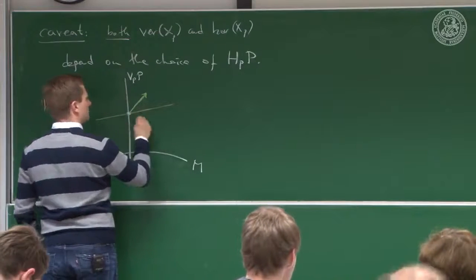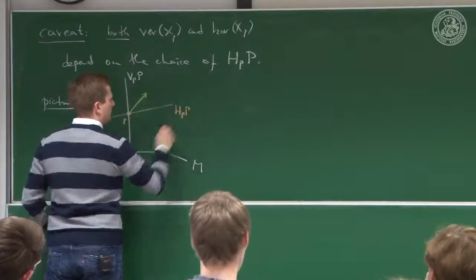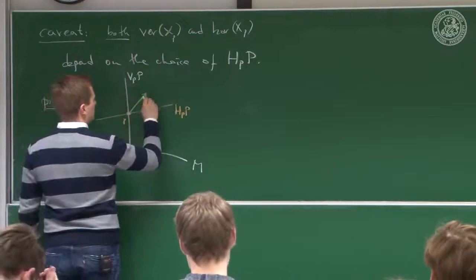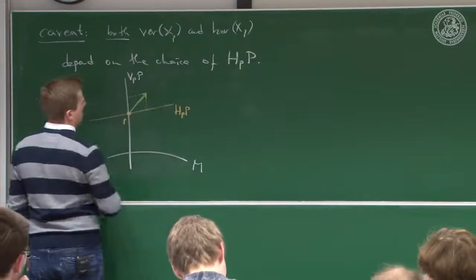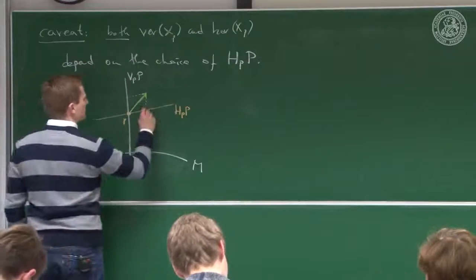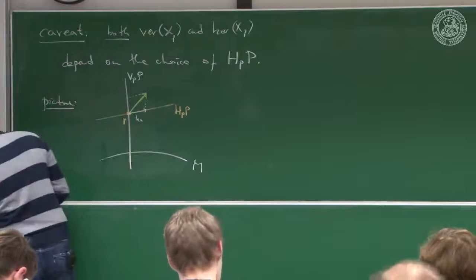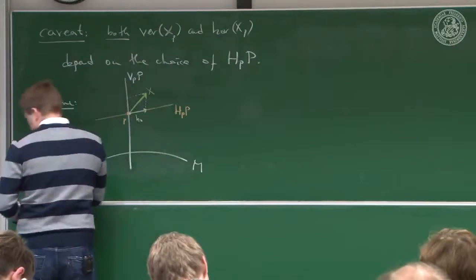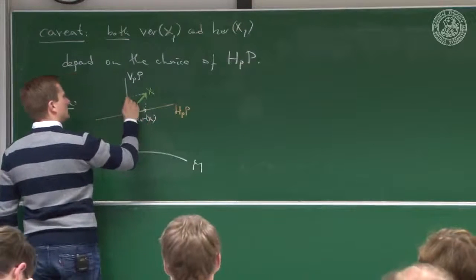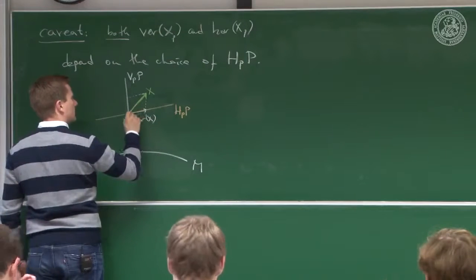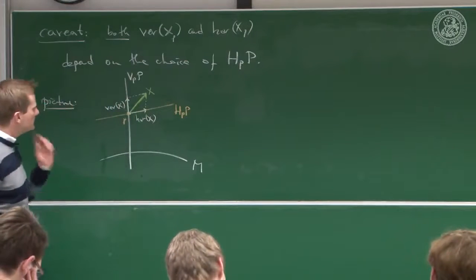So this is the point P here, and this is HPP. And now it's clear that the decomposition here is into a vector here. So if this is x, that's the vector, then this here is hor x, and this guy here is the vertical part of x at this point.